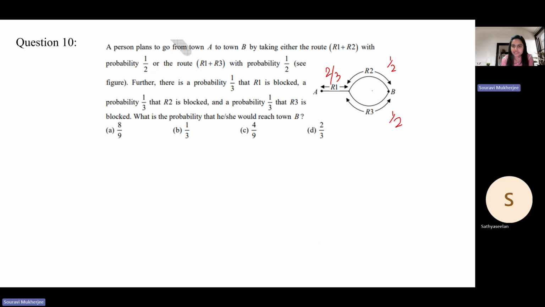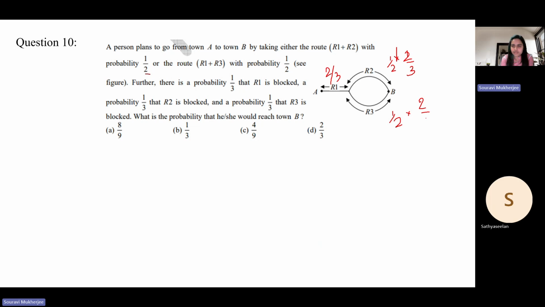So the probability that once you are here you have taken R2 is half into two third, because the probability that R2 is blocked is one third, so it has to be unblocked. And the same goes here.